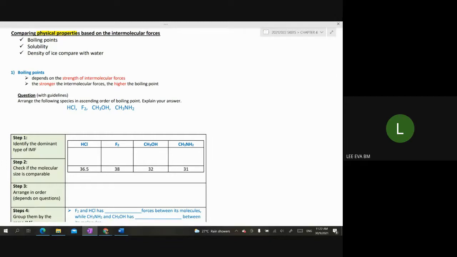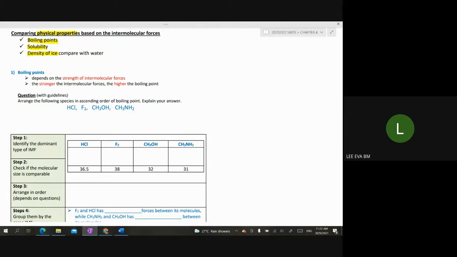For example, boiling point, you can check from the temperature. Solubility, you can see from how it dissolves inside water. And also the density of ice, you can see whether the ice is floating or the liquid is sinking. So a physical property is something you can see.